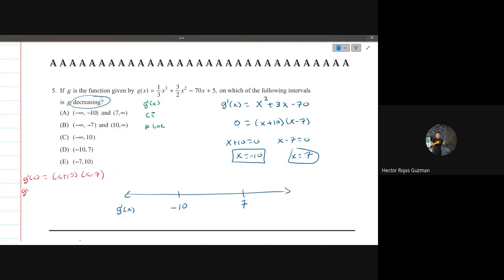If I plug in negative 20, I know my first number is going to be negative. The second number is going to be negative, which means we get a positive. And then if I plug in g prime of 0, then we get a positive times a negative, which is negative. And if we plug in g prime of 10, we're going to get a positive times a positive, which is a positive. So the function is decreasing between negative 10 and 7.